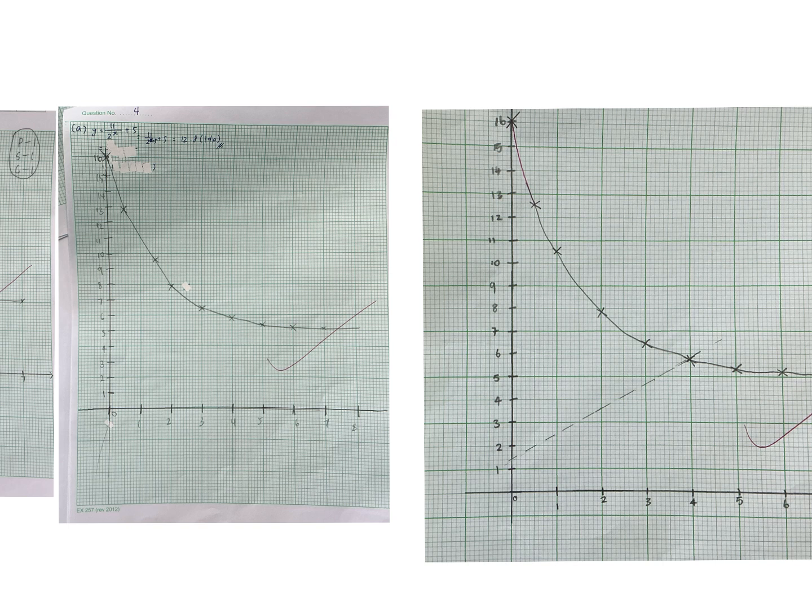So maybe choose 0 first because it's easy. When you sub in 0, y is 3. So the first point you plot is 0, 3. Next point, maybe sub in x as 1. When you sub in x as 1, you get 7. So plot 1, 7, somewhere here. Once you have 2 points, it is good enough. Just draw the line that passes through those 2 points, and you get 1 mark already.